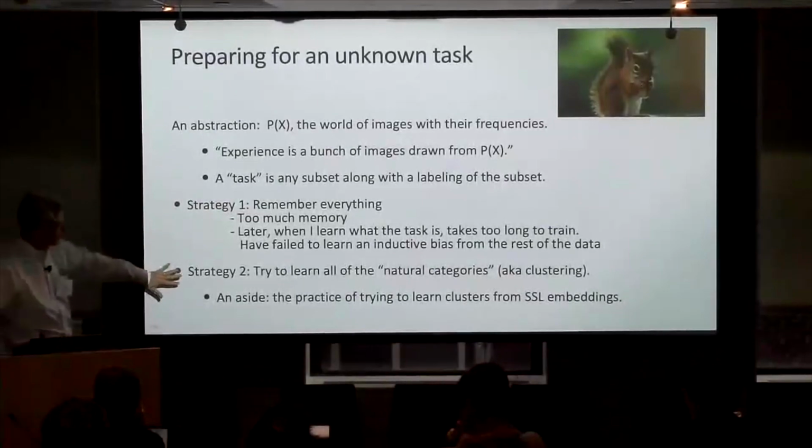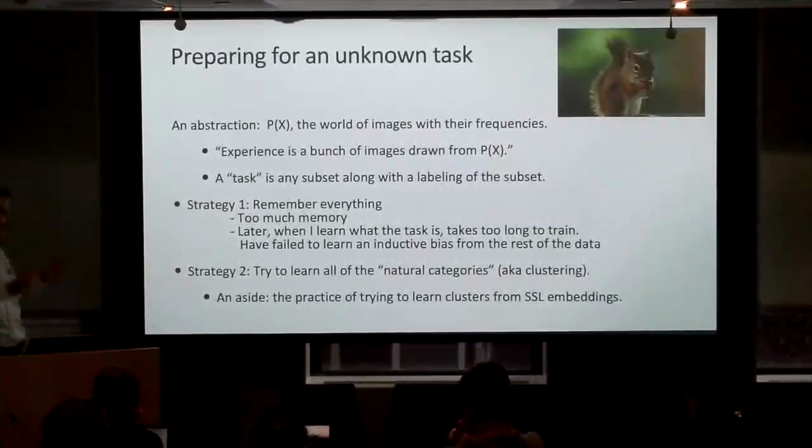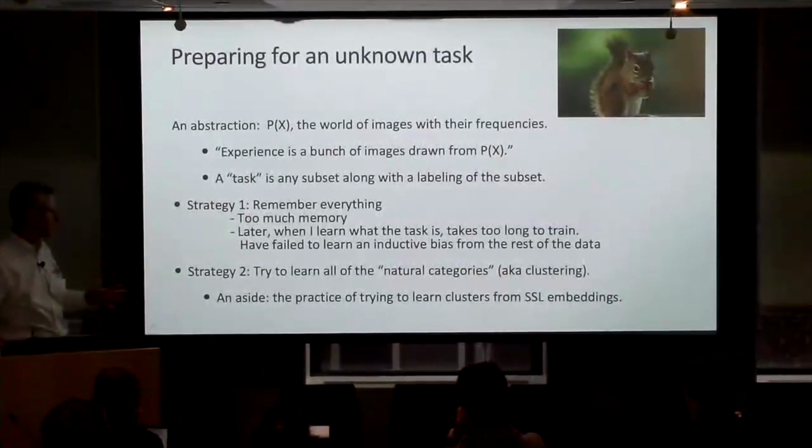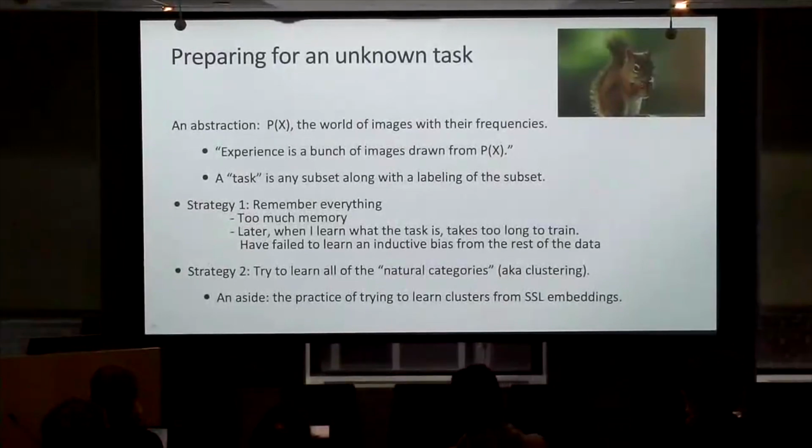Now, here, I want to talk a little bit about the computer vision community, which is maybe a little narrower than the group of people here. But people in computer vision love to try to do clustering of image categories. They'll take a massive set of data and they'll do some sort of clustering to try to come up with the natural categories.